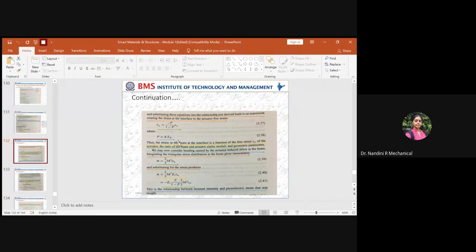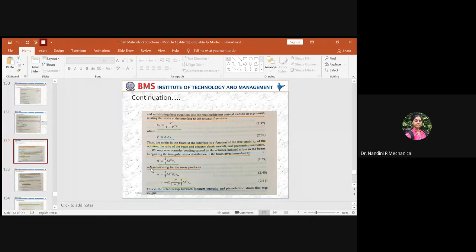So you will substitute it and show this is the triangular stress distribution happening in the given structure, which has a combination of PZT patch as well as the actuator. So this is the relationship one needs between the moment intensity and the piezoelectric strain.